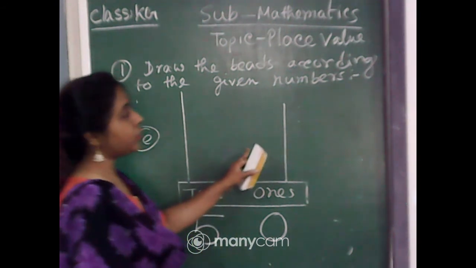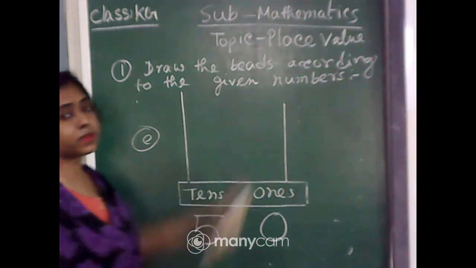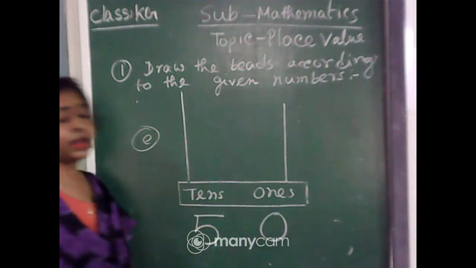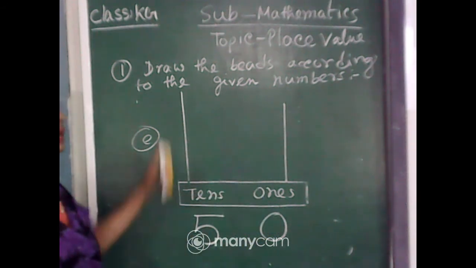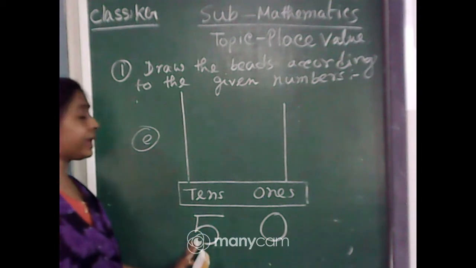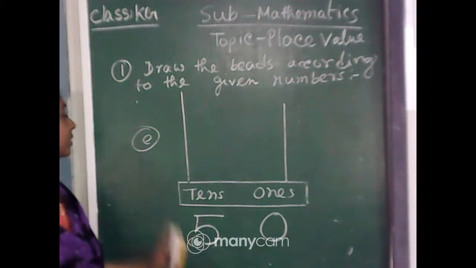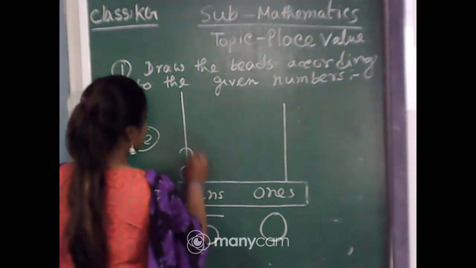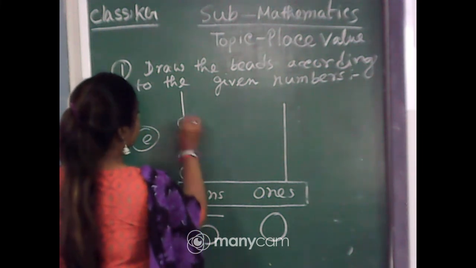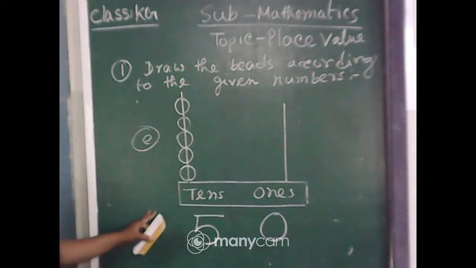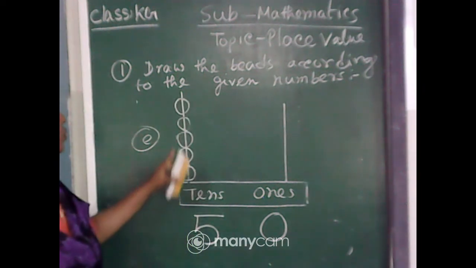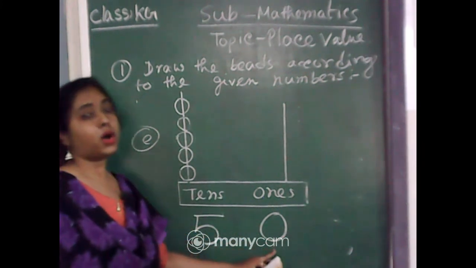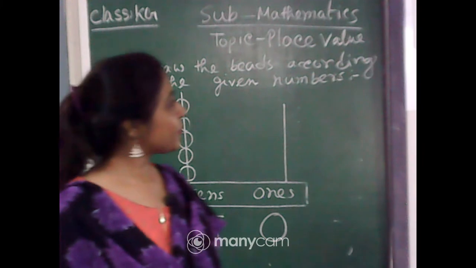We will draw nothing in the ones column, we will draw the beads only in the tens column, because 5 tens, 0 ones or no ones, that means in the tens column we will draw 5 beads, 1, 2, 3, 4, 5, that means 5 tens. Okay, 1, 2, 3, 4, 5, 5 tens, 0 ones or no ones.